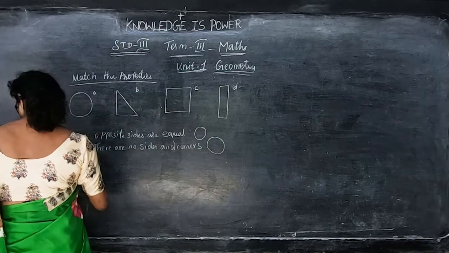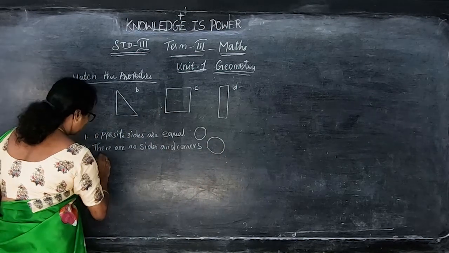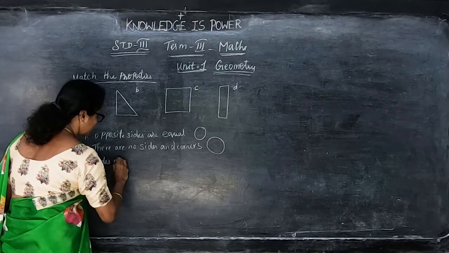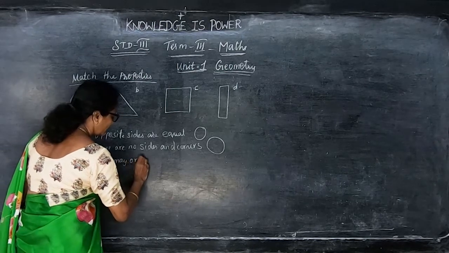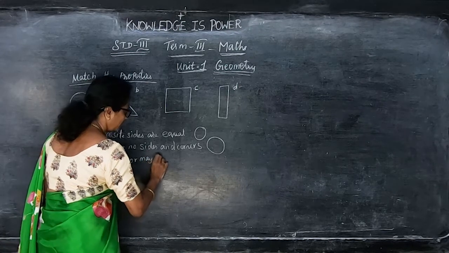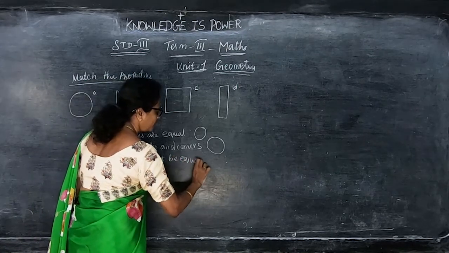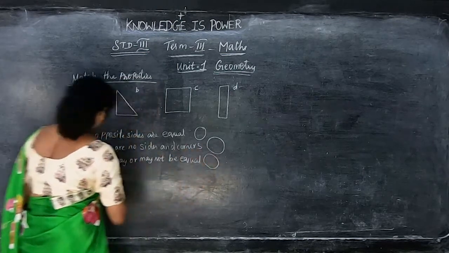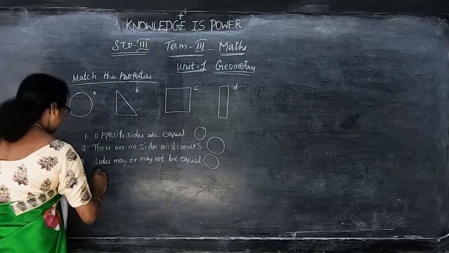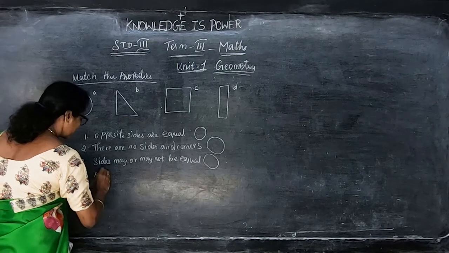Then third one, sides may or may not be equal. So which one is the correct answer? And fourth one, all the four sides are equal.